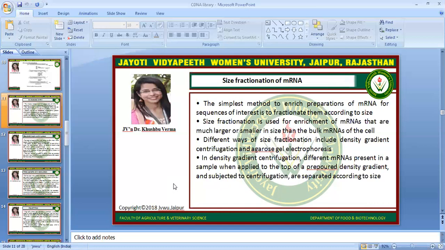Different ways of size fractionation include density gradient centrifugation and agarose gel electrophoresis. In density gradient centrifugation, the different messenger RNA present in a sample are applied to the top of a prepared density gradient and subjected to centrifugation, and are separated according to size.